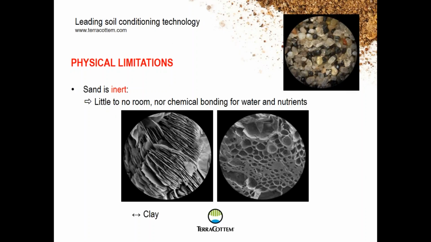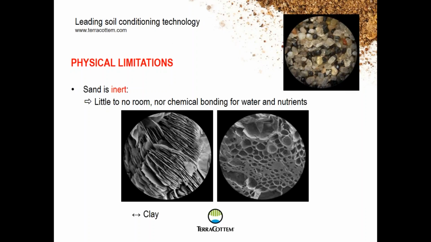Remember the microscopic image I've shown you. Sand is inert. The comparison I've done with marbles is actually a really good comparison because marbles are silica. Sand is also silica. So if you compare it with clay, you can see here at the bottom, clay has another structure. It has a plate structure or a tubular structure.